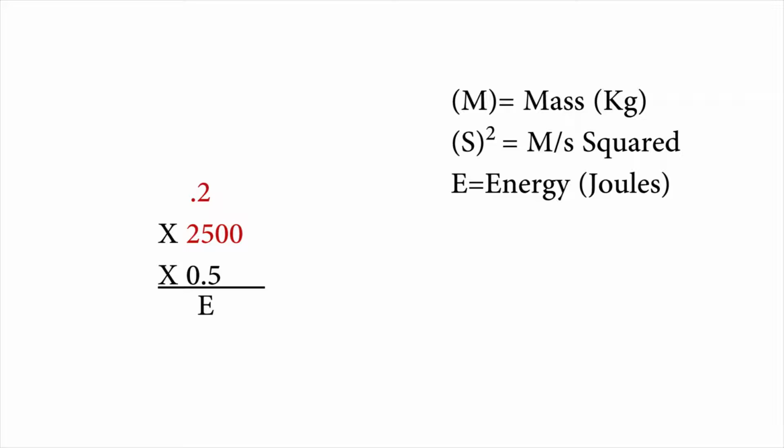So if we square 50, we get 2,500. Now we take our number of m for mass, which is 0.2, multiply that by 2,500, which gets us 500, which we then multiply by 0.5 to receive the amount of energy in joules, which comes out to approximately 250.